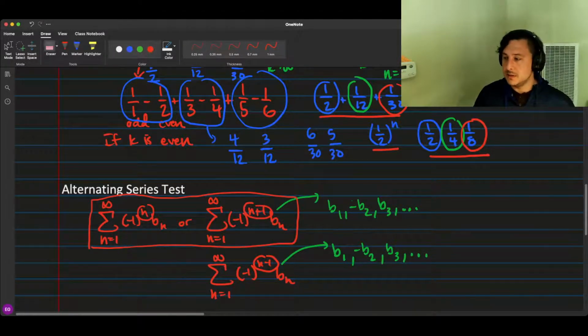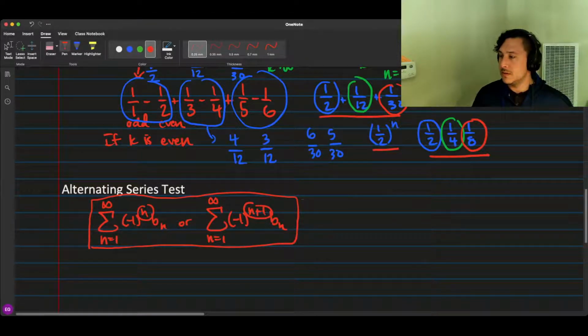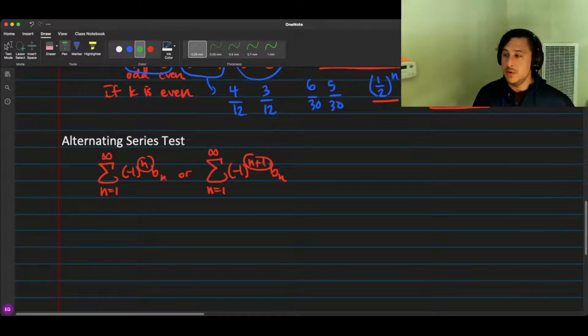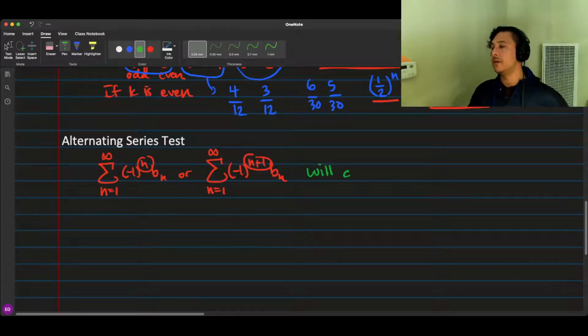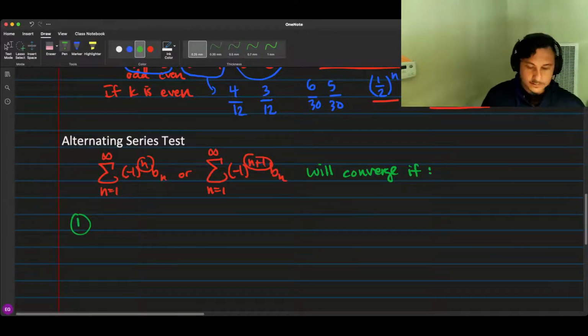So let me erase these. Okay, so let's say you have an alternating series like this. These alternating series will converge if, and now there are some requirements to figure this out. 1.